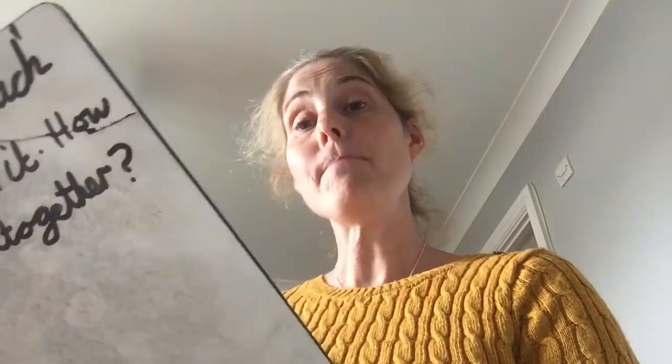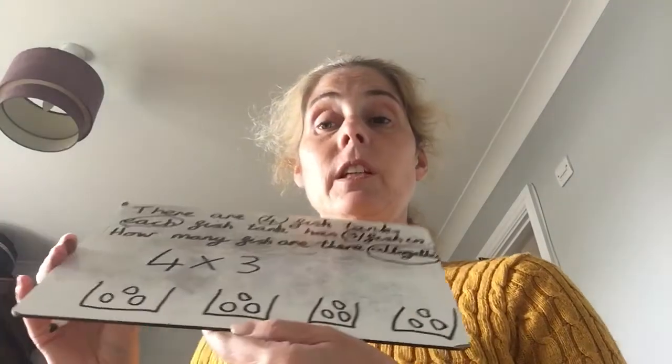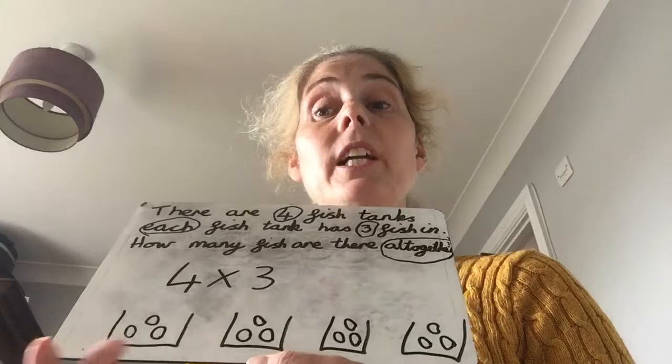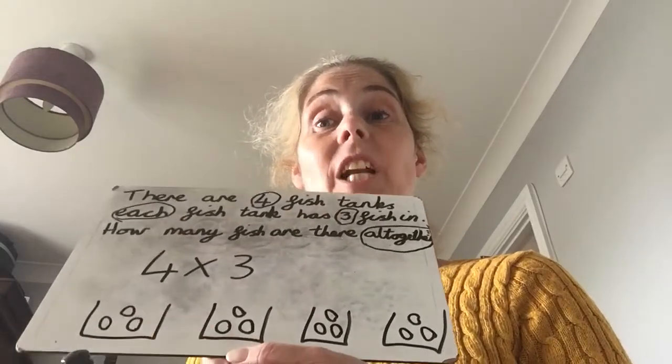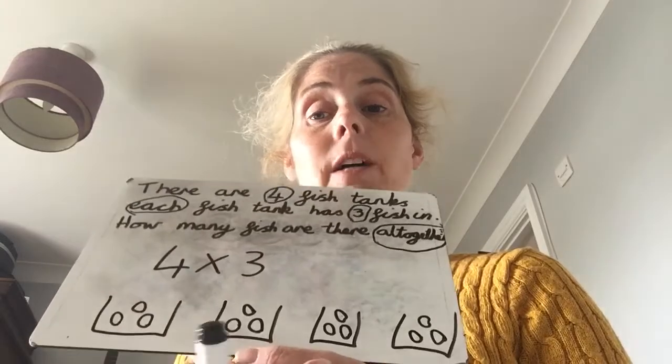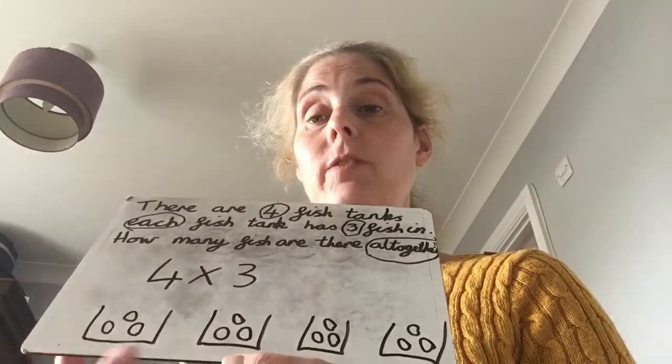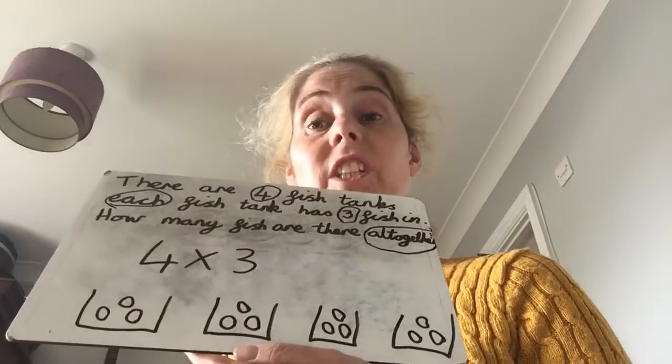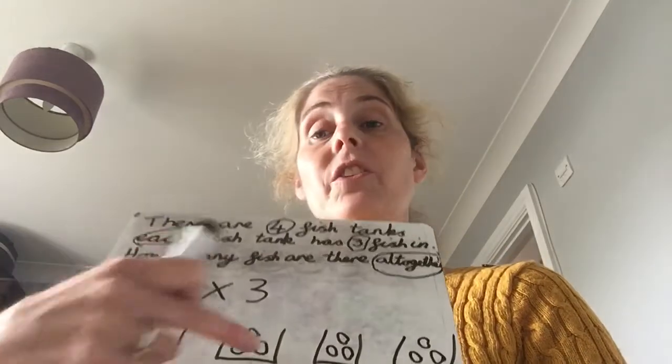Okay, and remember, lots of is the same as times. It would be really good to see you drawing it out, because actually that shows me that you understand. Okay, can you see how I've drawn it out? I thought, okay, I've got 4 fish tanks, so I've drawn my 4 fish tanks, and each one has got 3 in.